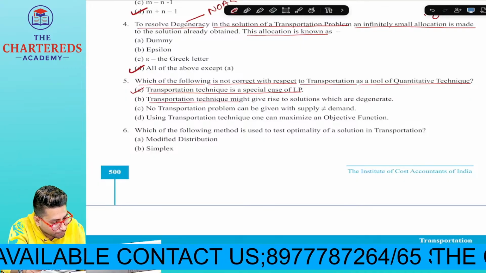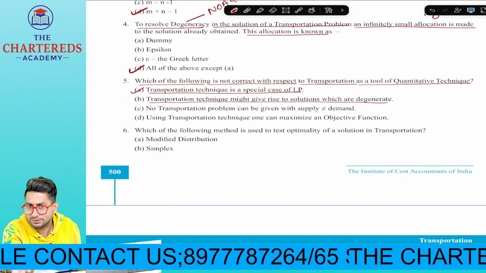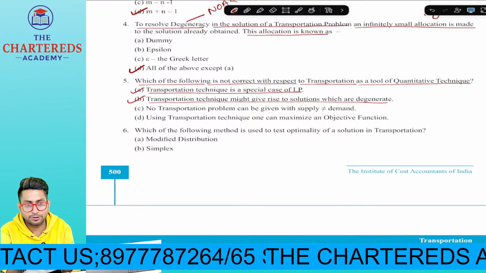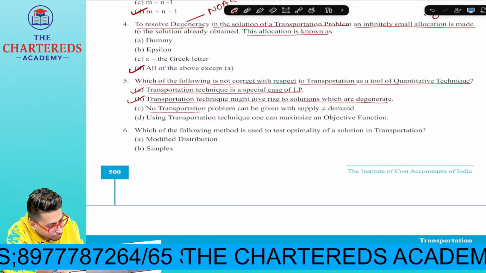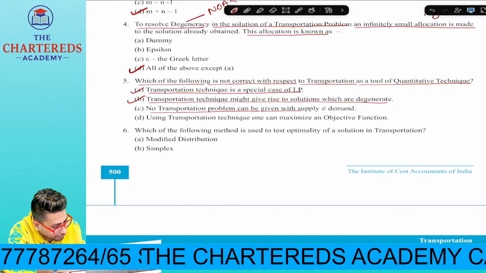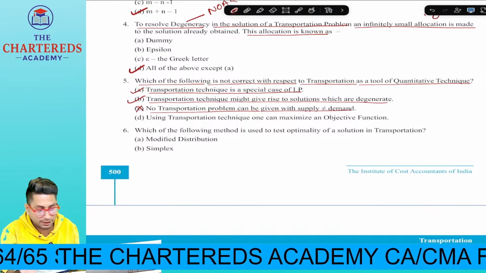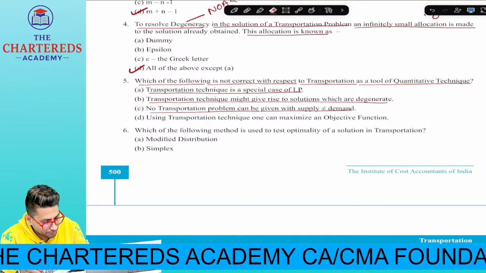Transportation technique might give rise to degenerate solutions. Yes, while solving transportation, can I get degeneracy, with allocations less than M plus N minus 1? Yes. No transportation problem can be given with supply not equal to demand. False. There are many problems we have done where demand is not equal to supply. So the answer is C.